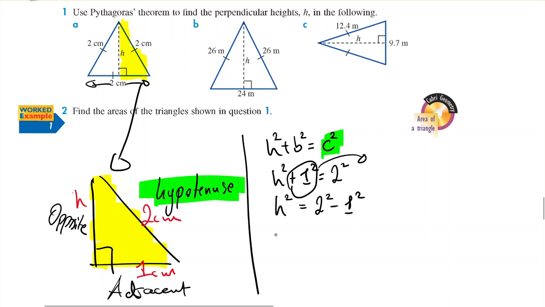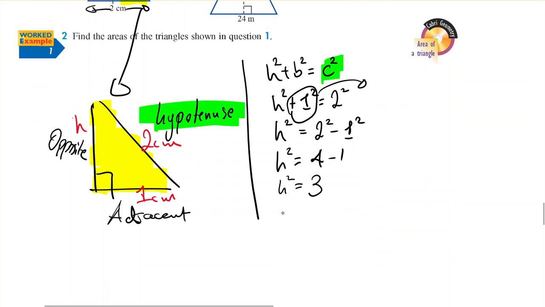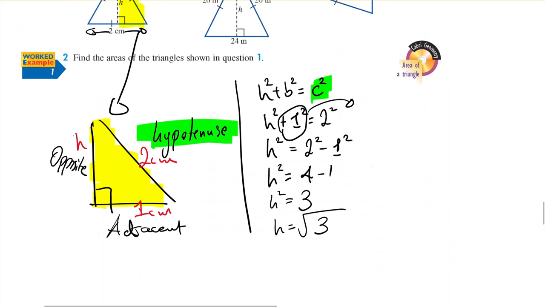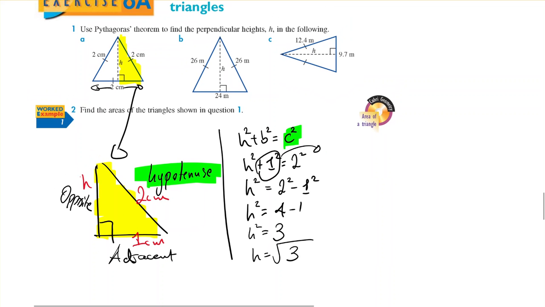Then, from there, I know h squared equals 4 minus 1. And so h squared equals 3. And h is the root of 3. Yes? Okay. So now I know what h is. Square root of 3.